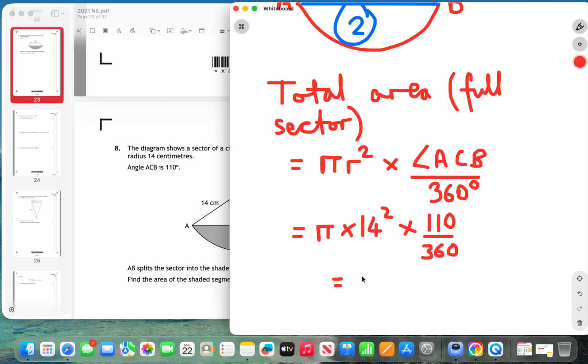The answer you get is 188.14649, and it's an area, so we will use squared units, centimetres squared.